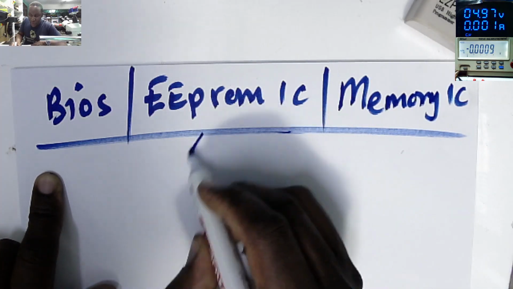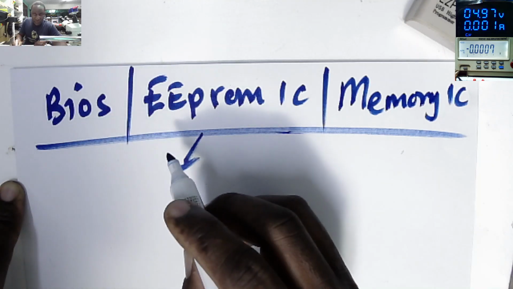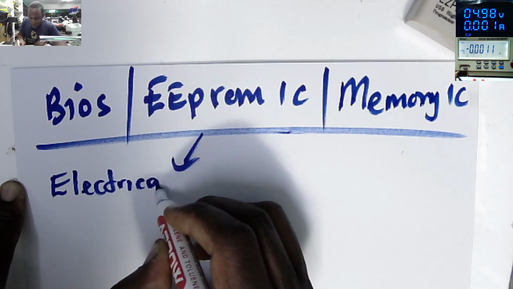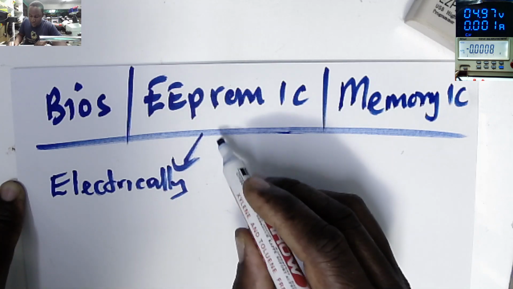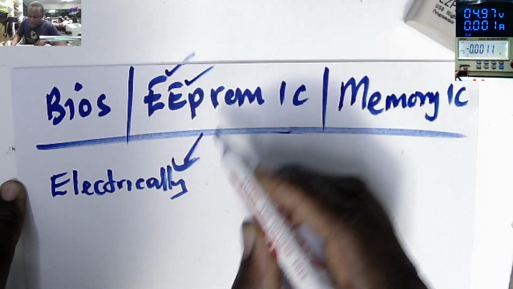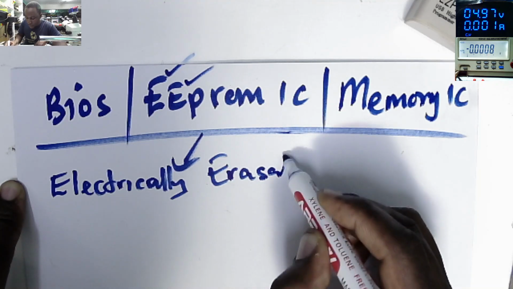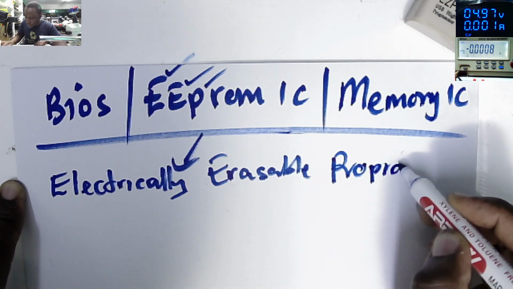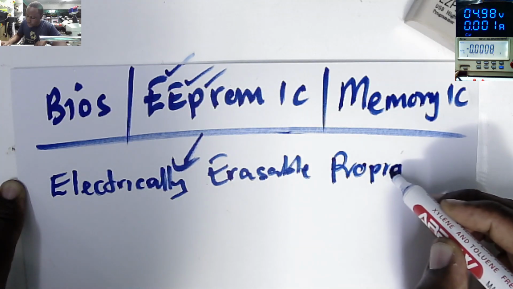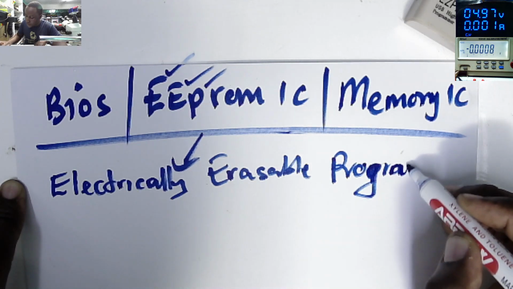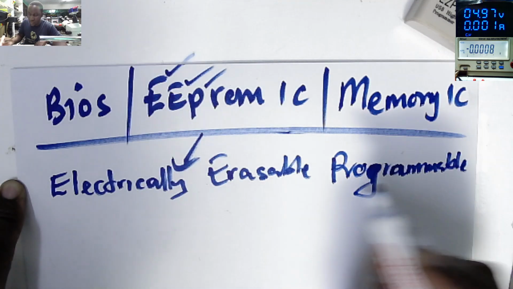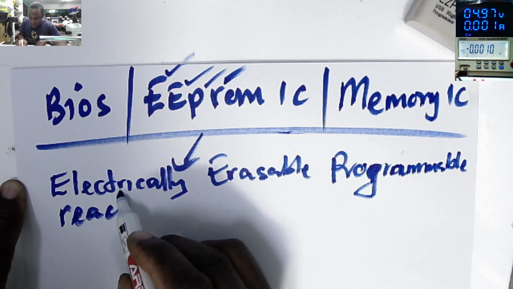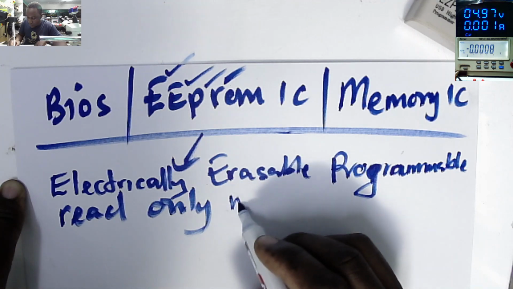So EPROM means electrically erasable programmable read-only memory.